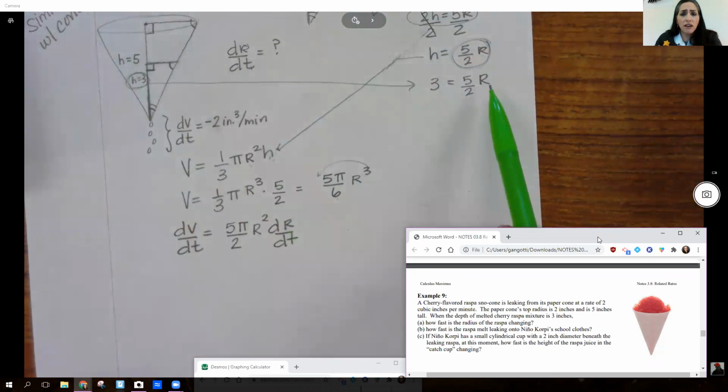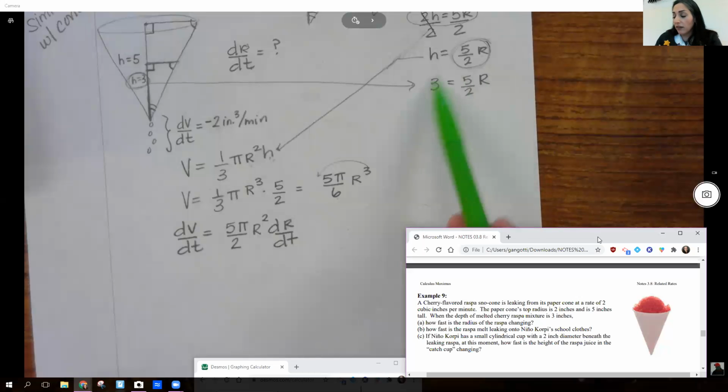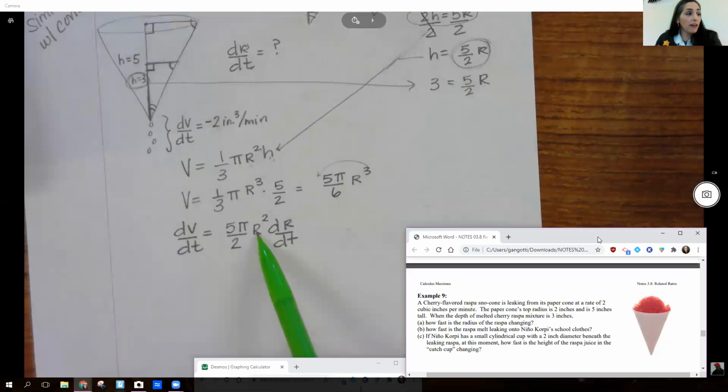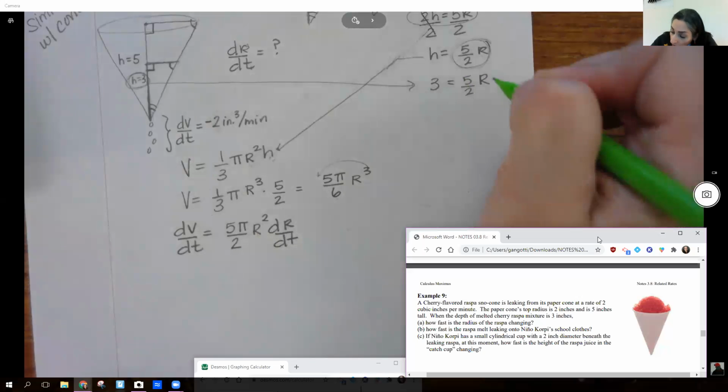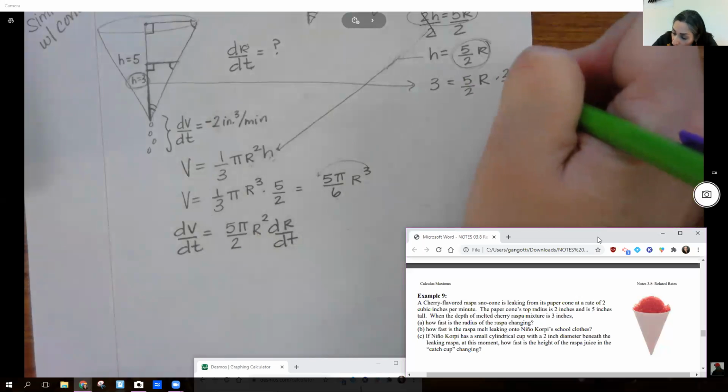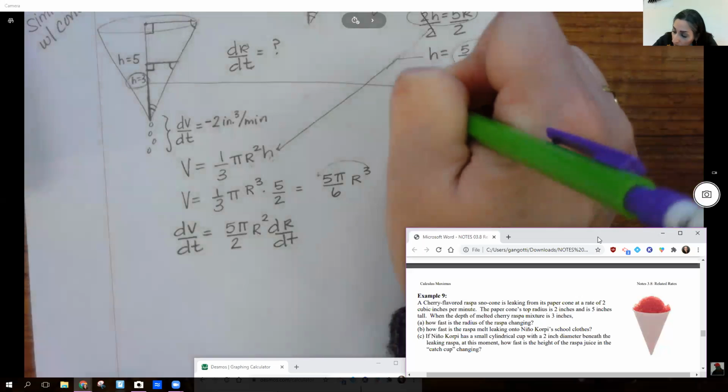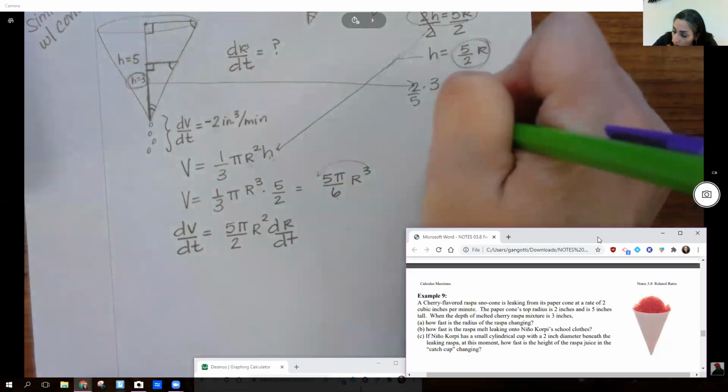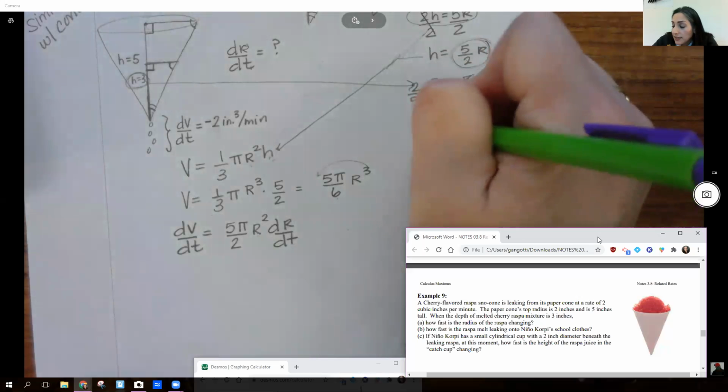Have I lost you? Are you okay? Questions? Okay, so we're plugging in over here because we have an r in our formula. So we're going to multiply by 2/5 on both sides. So r equals 6/5.